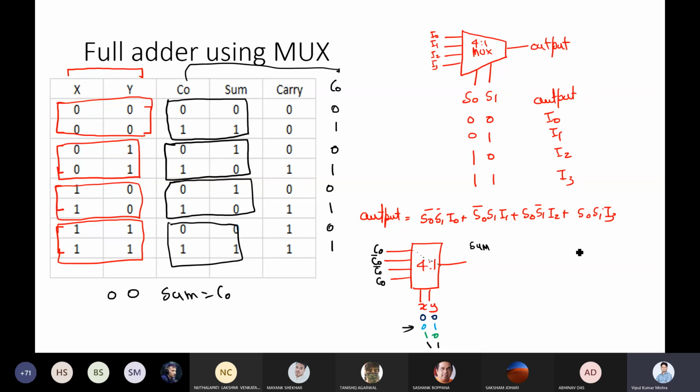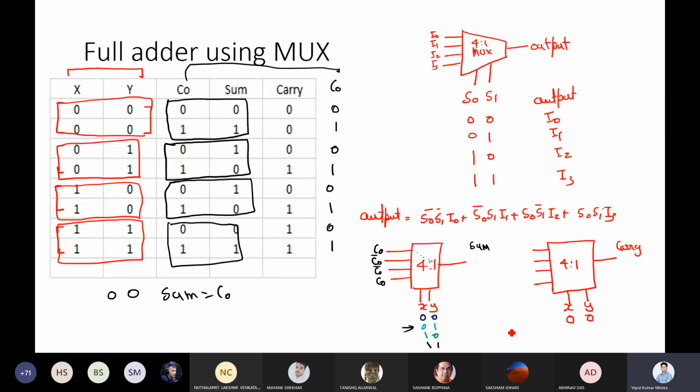Now next I want to make the multiplexer for the carry. So let me draw it. Here we have again x and y, and here we have 4 inputs. This is your 4 to 1 mux.